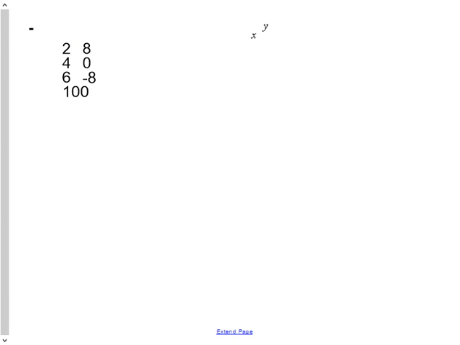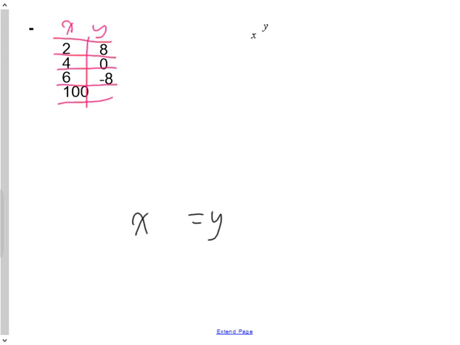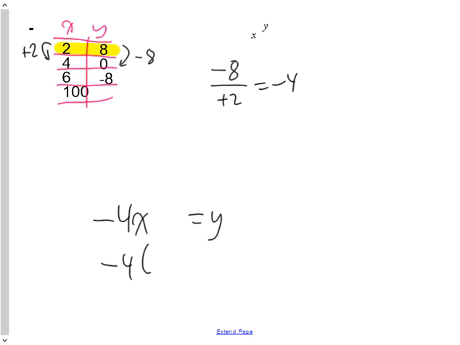And your last linear relations question. Your equation for x and y. Your difference in the y is going down by 8, and your difference in the x is going up by 2. So the difference of y divided by the difference of x is negative 4, which is your coefficient. Take your first ordered pair, or any ordered pair, and substitute it in. x is 2, y is 8.